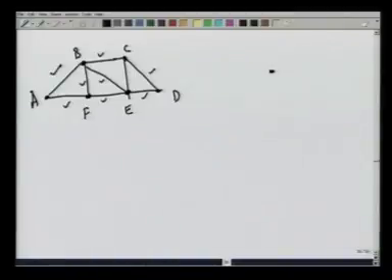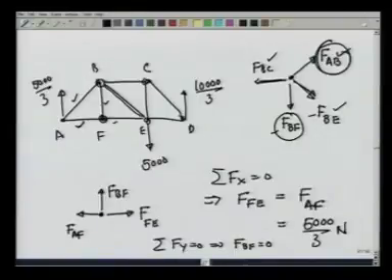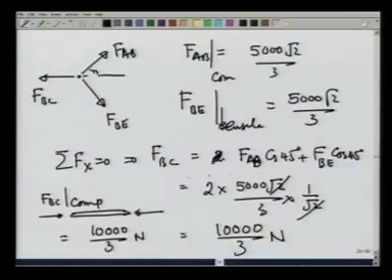We have already calculated FCD to be of compressive nature, and therefore, it pushes C out. Then there is a force FBC, which we have calculated earlier. FBC was calculated to be 10,000 over 3 newtons, and it was compressive.